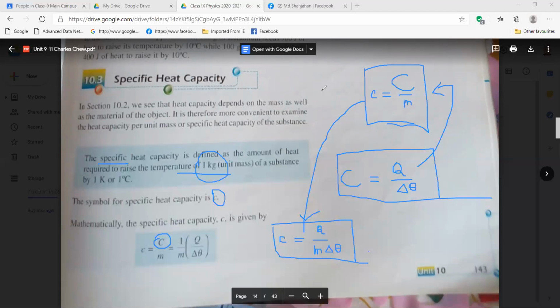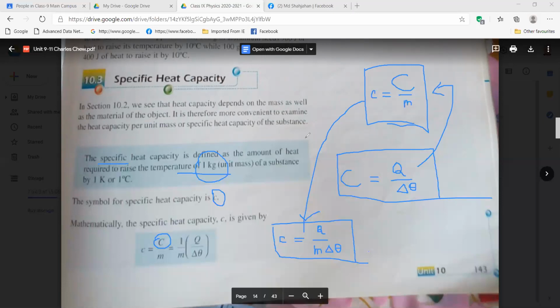Anything else? Anything more? Okay, Saad, you want to tell anything? Sir, I have a confusion, sir. The formula, sir, how it changed. Yeah, tell me, where is your confusion?